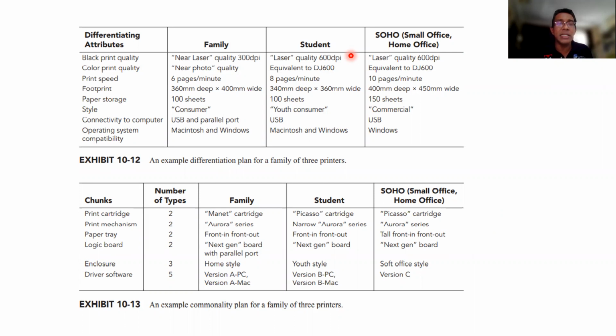When you go to the real world, working in a real company, you have the chance to explore and learn how they do marketing strategies using these two plans, the differential plan and the commonality plan.